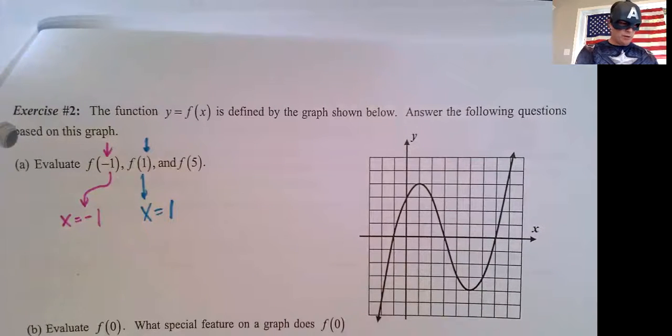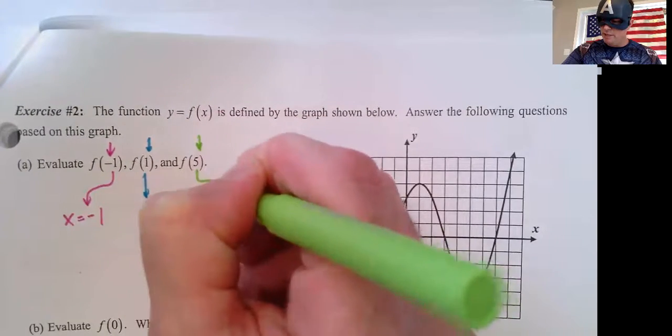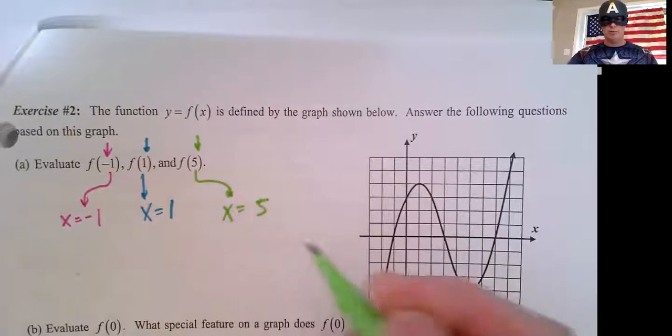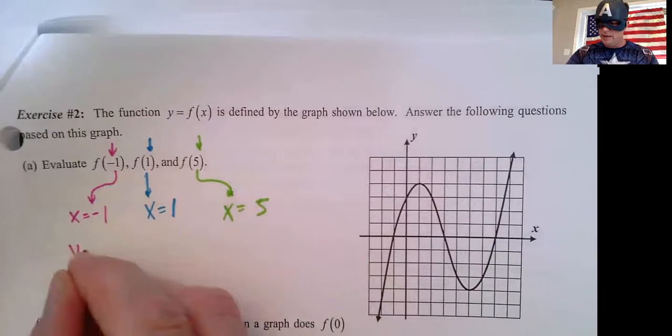For this last one, f of 5, that means my input value is at a place where x is equal to 5. At this point, I want to find out what the y values are on that graph that correspond. What are the output values that go along with that? We'll do these one at a time.